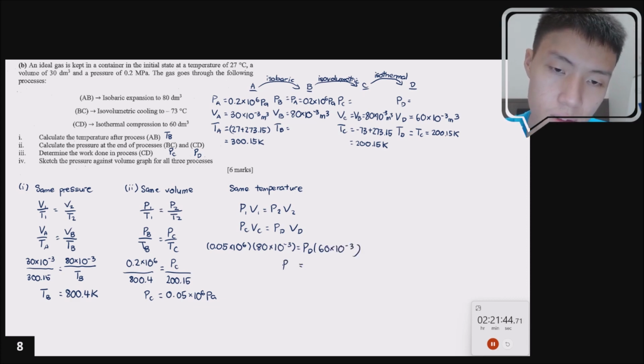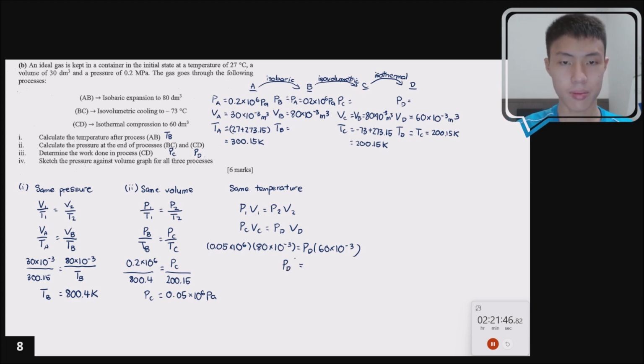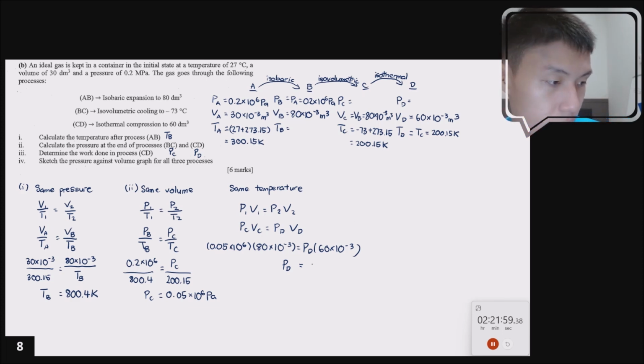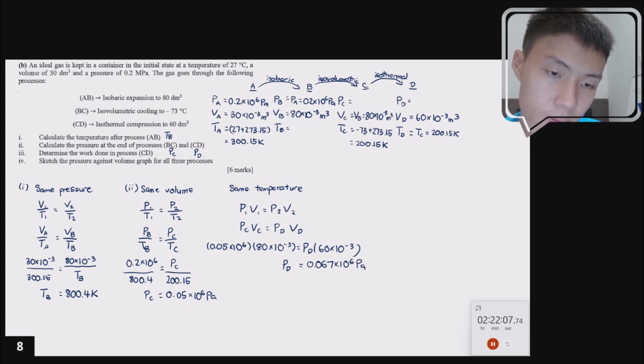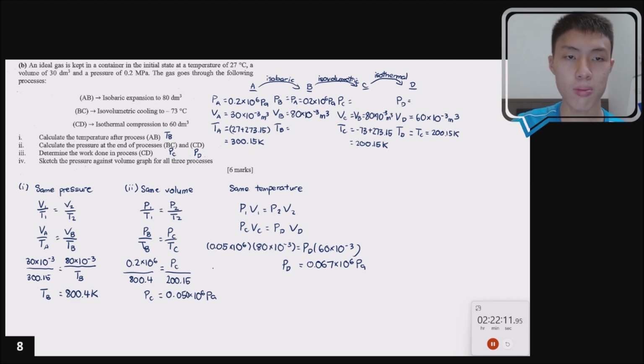So let's find the pressure at state D. It's 0.067 times 10 to the power of 6 Pascal. So you get your TB, your PC and PD. You are done with question 1 and 2.